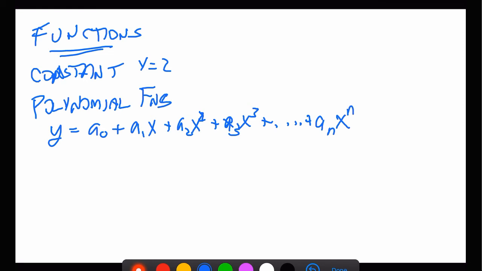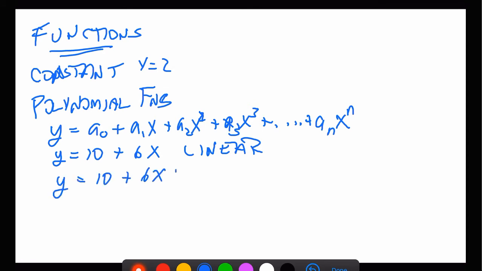Now, functions can then be a subset of this. So if I say y equals 10 plus 6x, that's a linear function, draws a straight line, and it's a subset of the polynomial function. Okay? If I say y equals 10 plus 6x plus 32x squared, yes, that's a quadratic function, which is again a subset of the polynomial functions.